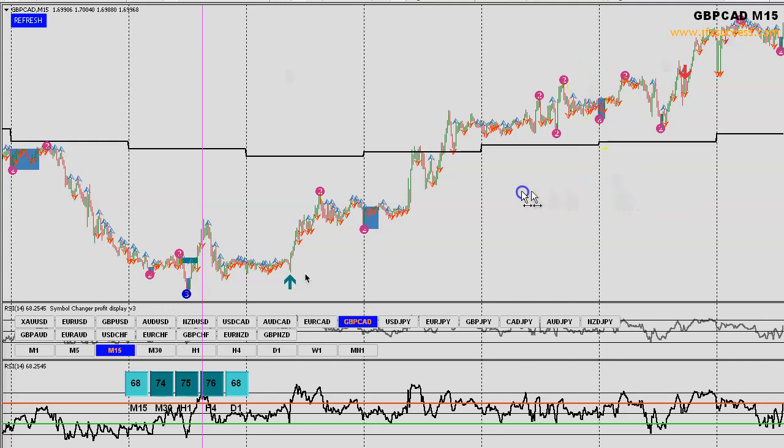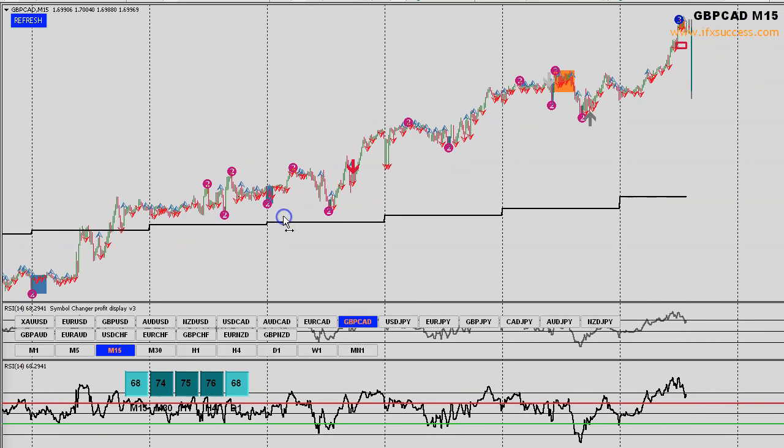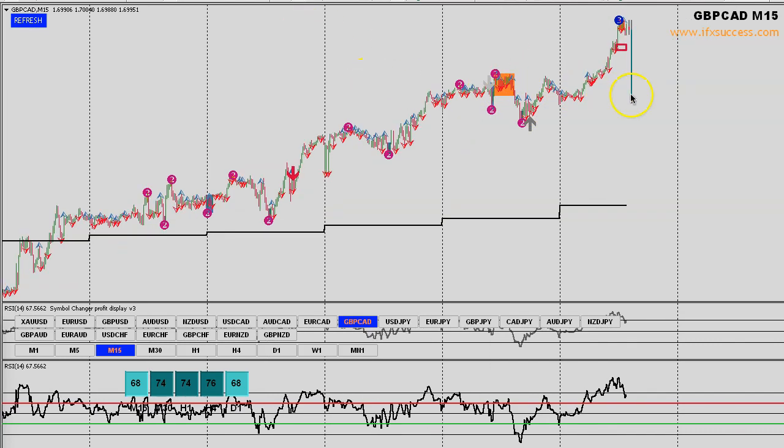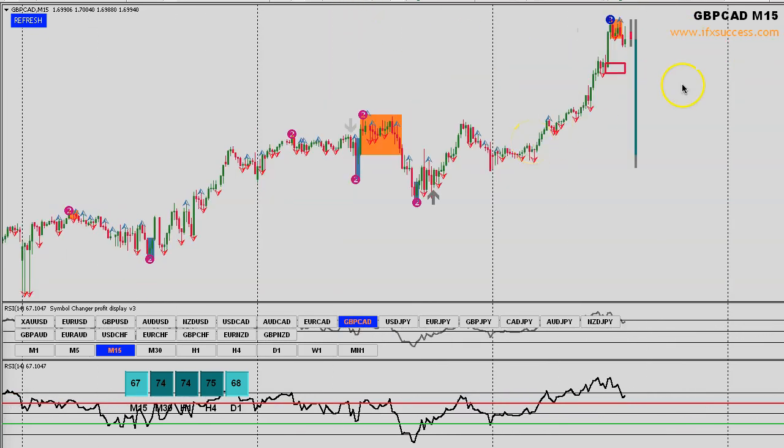M formations, in order to sell when we are above the moving average. Right now we haven't gotten a proper M formation on M15 nor on H1. So what we're waiting for is, okay, I got a reversal block in here, but I need to make sure it breaks below this block right here.